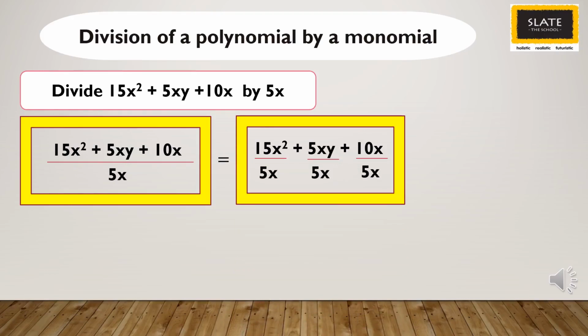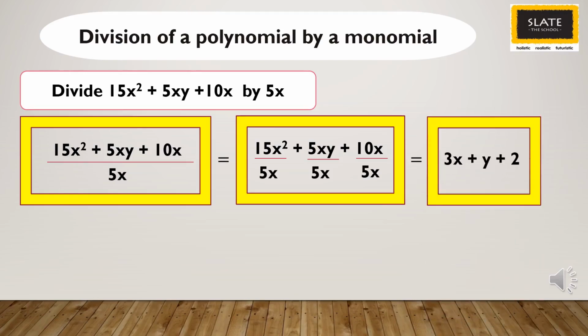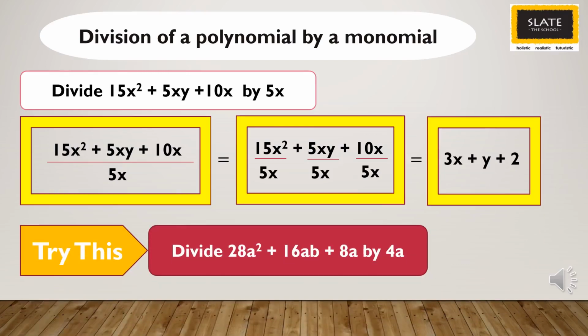By writing the factors of numerator and denominator and cancelling the common factors, we get 3x plus y plus 2. Children, try this sum. Divide 28a square plus 16ab plus 8a by 4a.